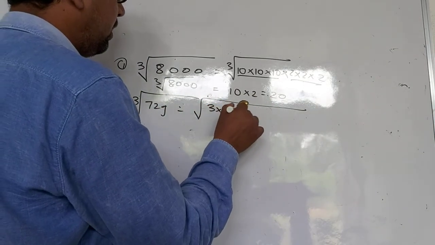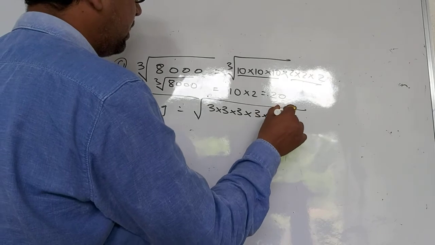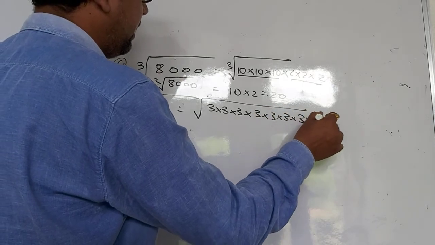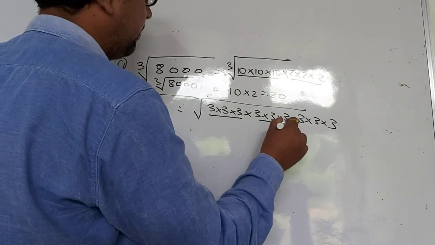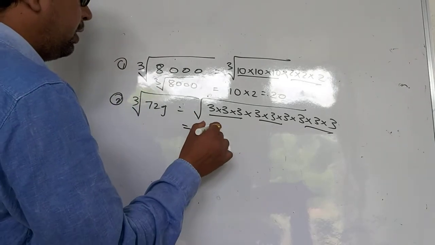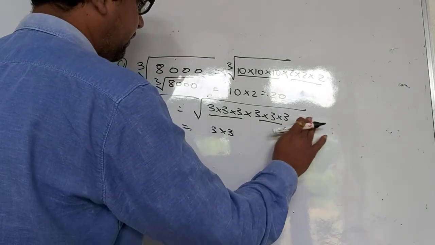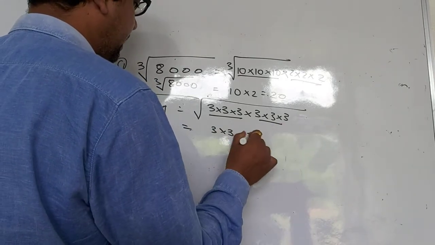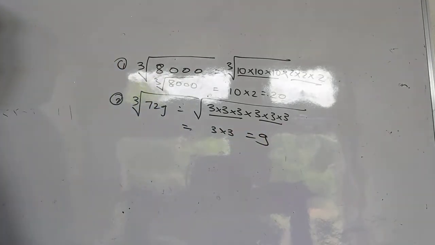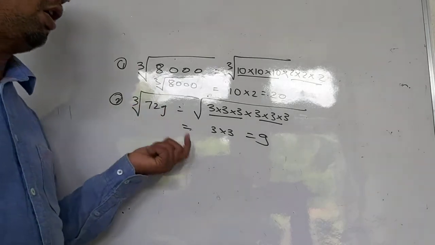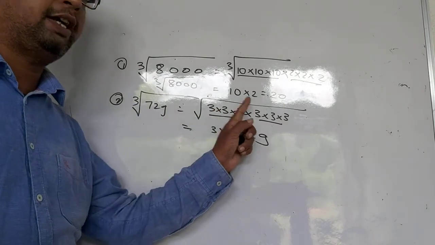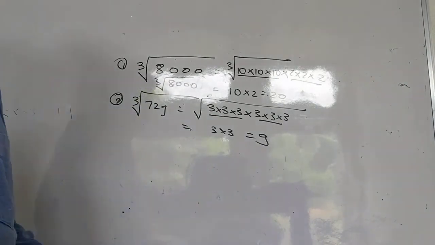Make 3 3's group, you will get 3 into 3 into 3, so you will get 9. Cube root of 729 is 9, or you can write it in this form 9 into 9 into 9. In place of the group, take 9 outside.